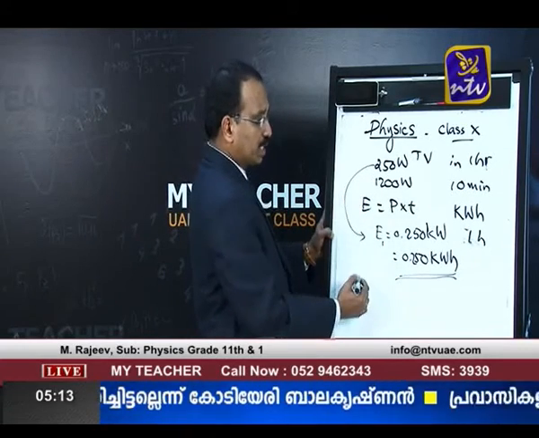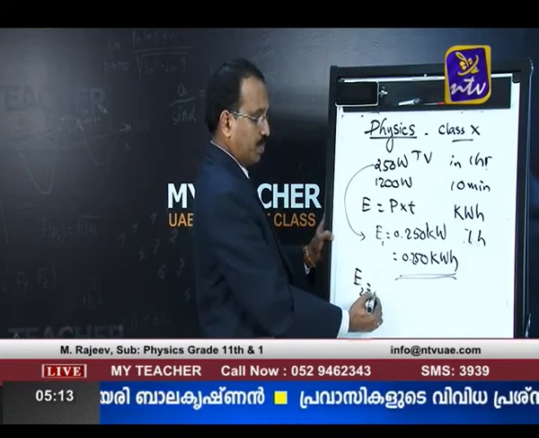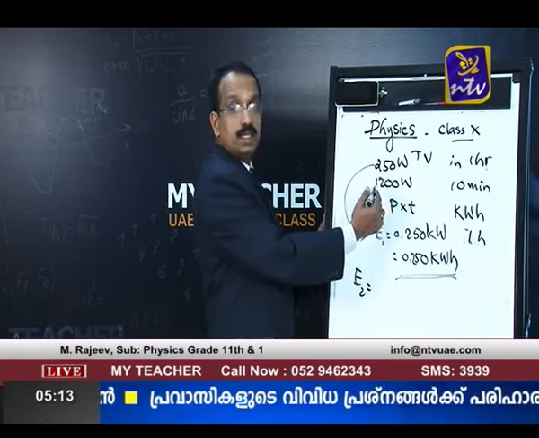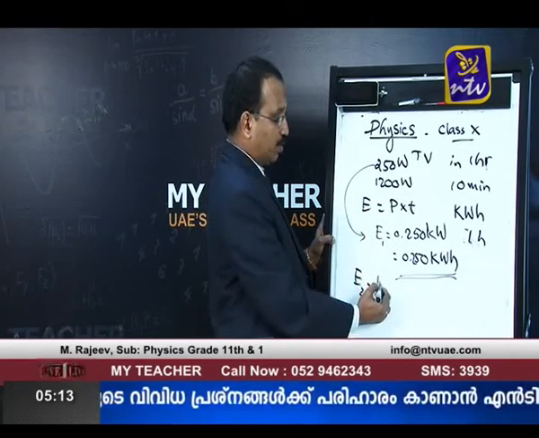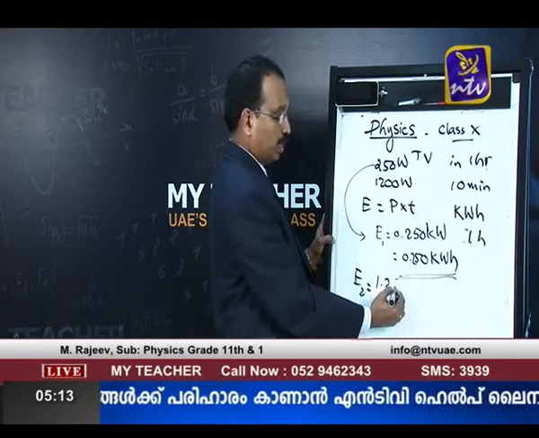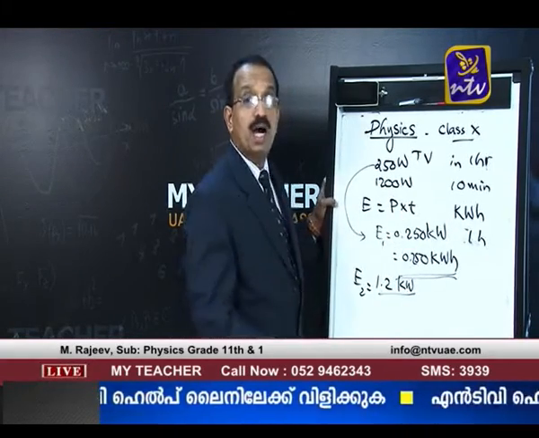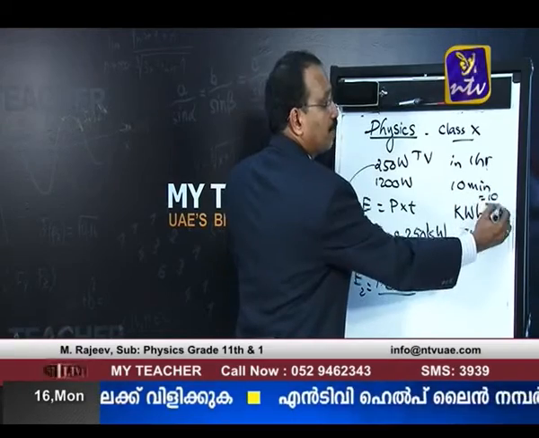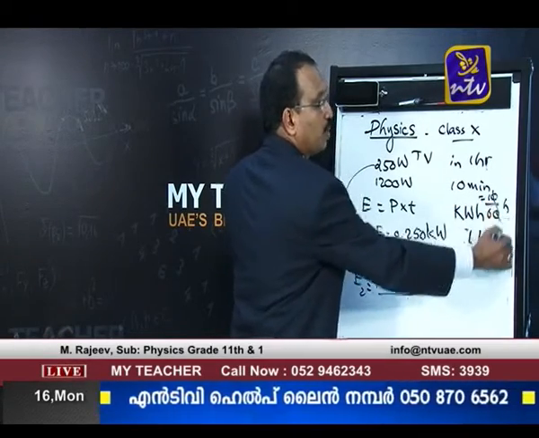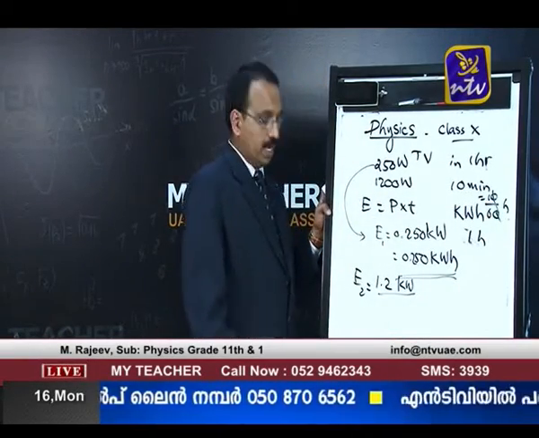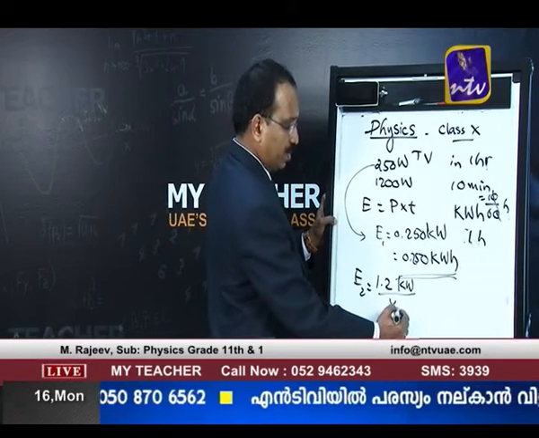And about the toaster, what is the amount of energy? In kilowatt, how will you write it? Divided by 1000, that is 1.2 kilowatts. And 10 minutes, how do you put it in hours? 10 minutes means 10 divided by 60 hours, that is 1 by 6 hours, right.